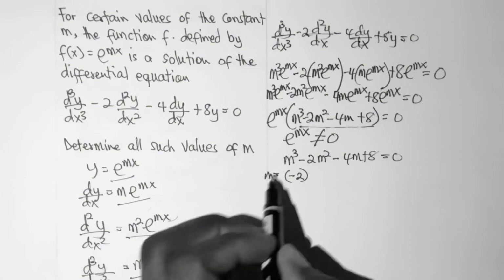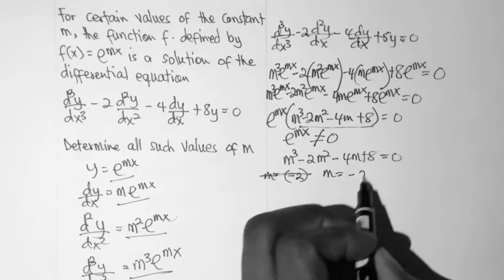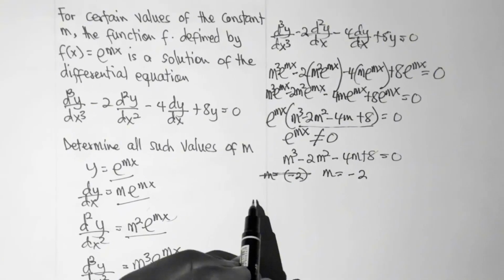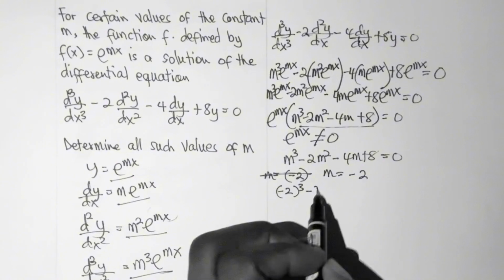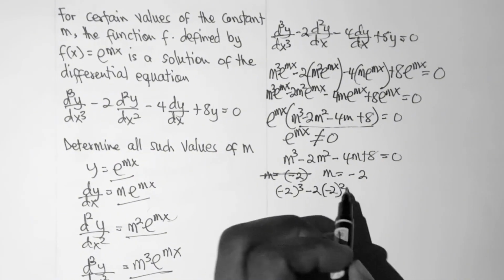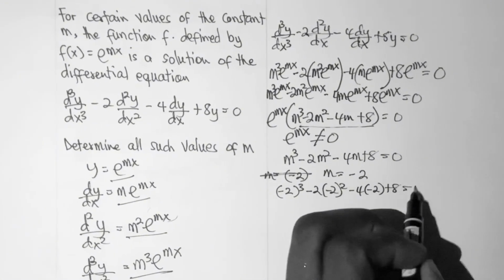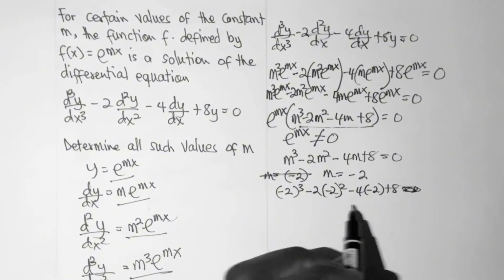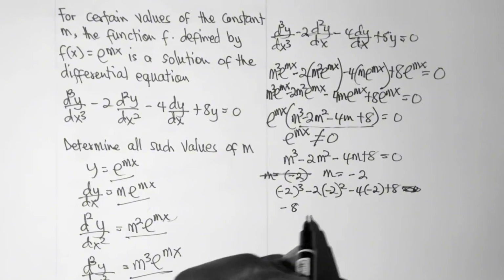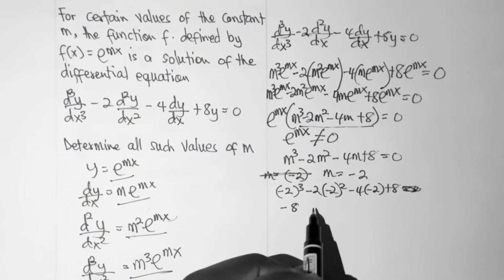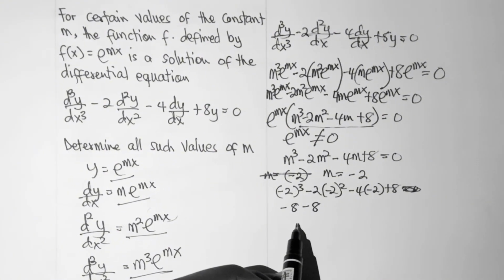m equals minus 2. Sorry, so let's put m equals minus 2 into this equation and see whether we'll get 0. So minus 2 cubed minus 2 times minus 2 squared minus 4 times minus 2 plus 8 is equal to 0. Then minus 2 cubed is minus 8. Then minus 2 squared is 4 times minus 2, that also becomes minus 8.